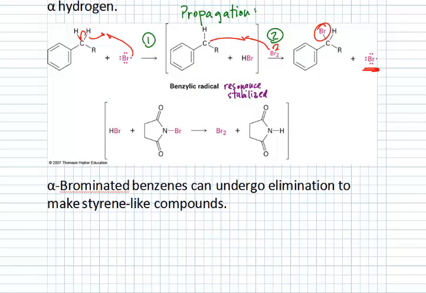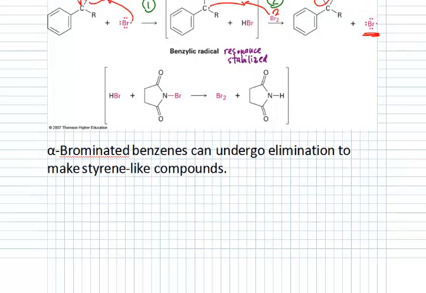One useful application of this that we've talked about and we see in the textbook is that if I have an alpha brominated benzene, like this 1-bromoethyl benzene, and I react that with a strong base, like hydroxide, what's going to happen here is that the hydroxide will attack one of the beta hydrogens.